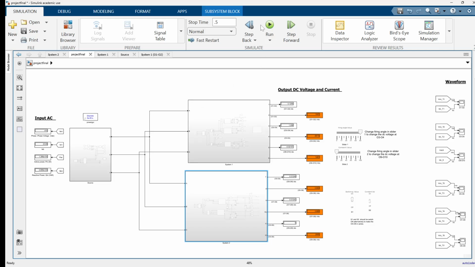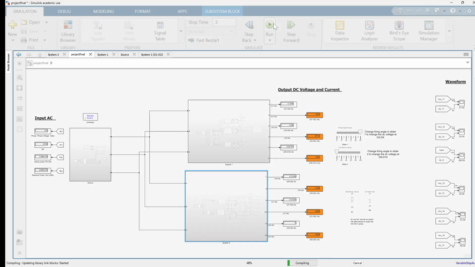Let's once simulate this model and see the output.